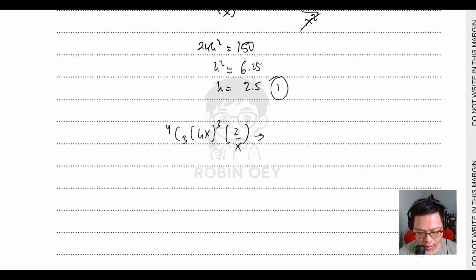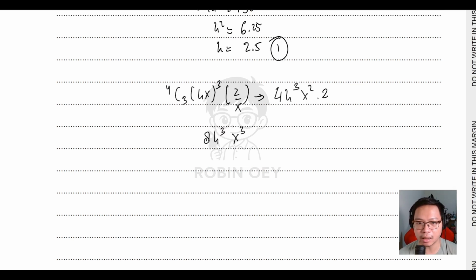this will become 4k cubed x cubed times 2 over x. So we get 8k cubed x squared, and since k is 2.5, this is 8 times 2.5 to the power of 3, which gets us 125.